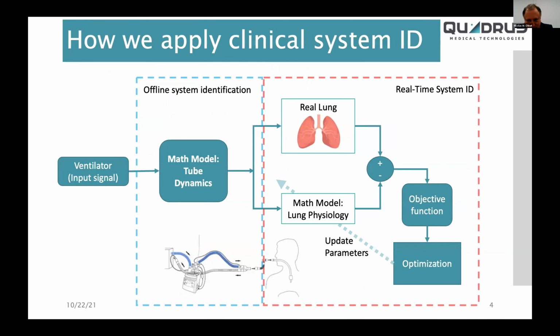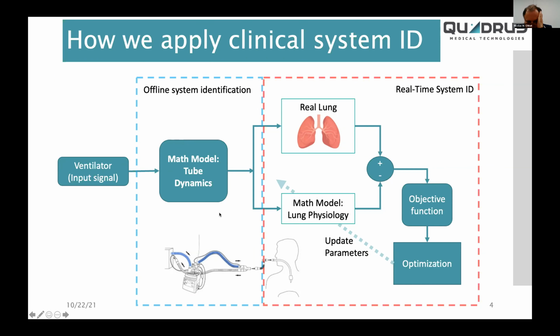Now, how do we apply system identification? In a ventilator environment, system identification can be applied in a scenario where dynamics do not change in time, and also in a scenario where dynamics change in time. As the ventilator is ventilating a patient's lung, the parameters of the lung keep changing in time, and we can use system identification in real time to see how those parameters are changing.